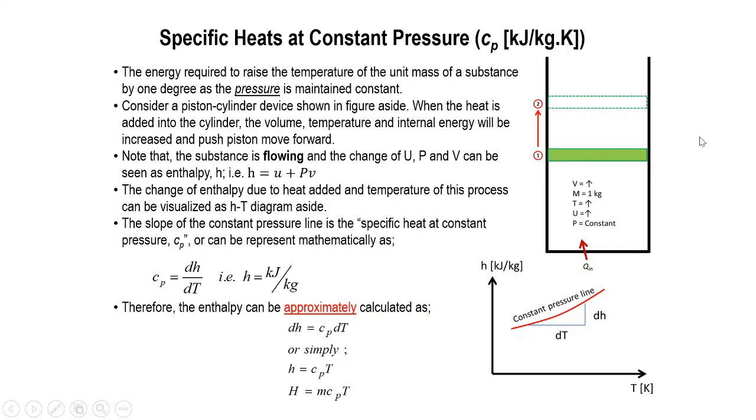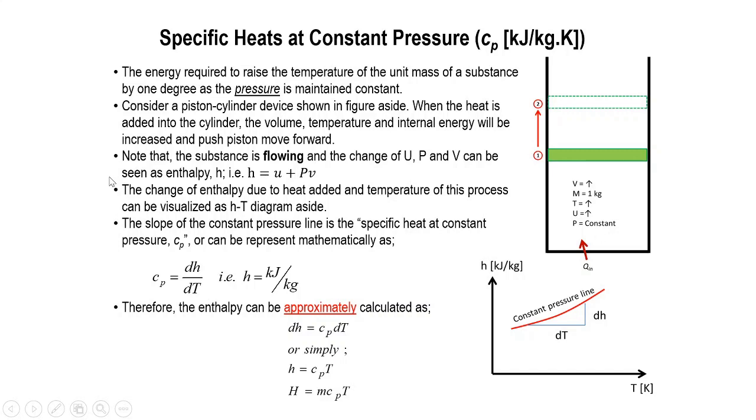Here, when heat Q in is added into the cylinder, the volume, the temperature, and the internal energy will increase as it pushes the piston forward, which means that from initial condition 1 to final condition 2, the volume is changing, but the pressure remains constant.